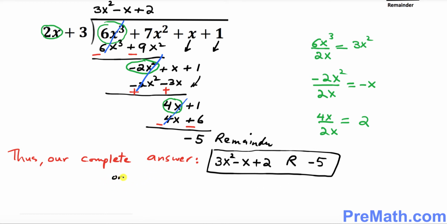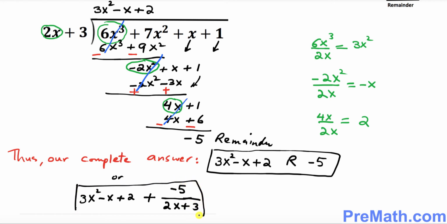I want you to put down this: your quotient, 3x squared minus x plus 2, and then plus, and then your remainder on the top, which is negative 5, divided by your divisor, which is 2x plus 3. So both of these forms of the answer are acceptable.